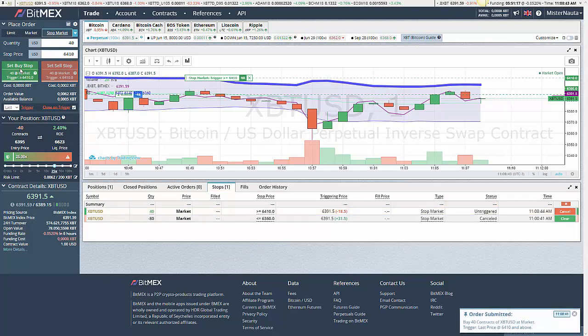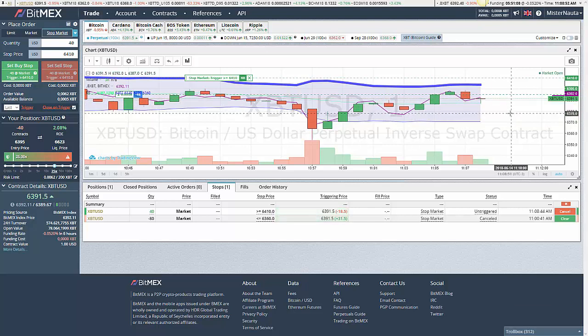Right. So now my stop loss is here and my closing position, because I started here, right? I will put a closing position, for example, here at 6380. Okay, a small profit.